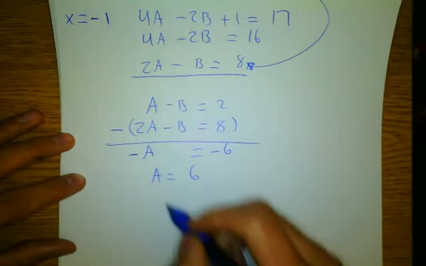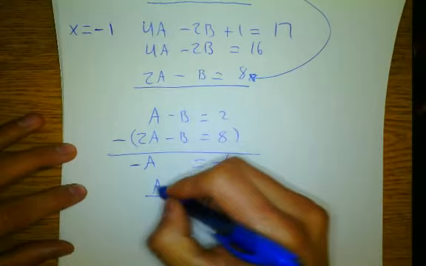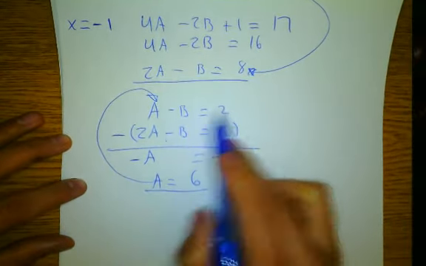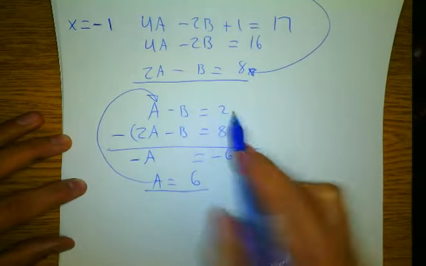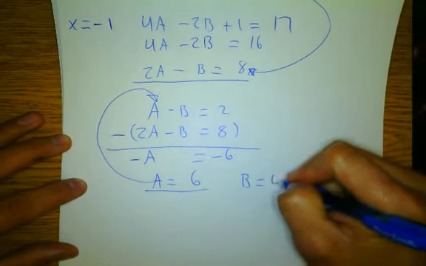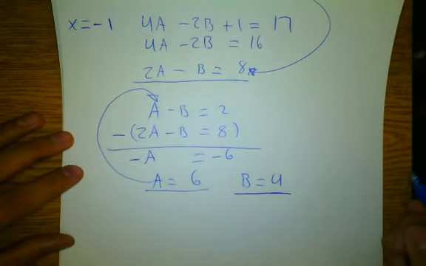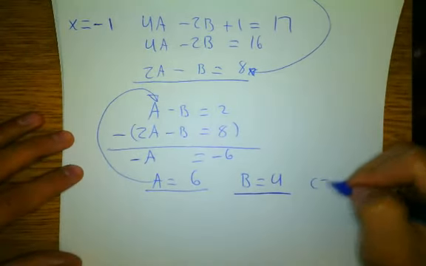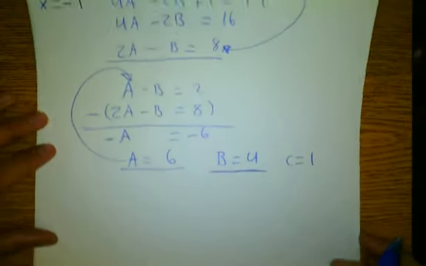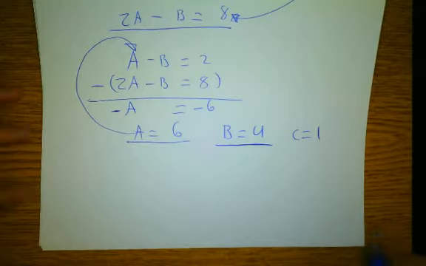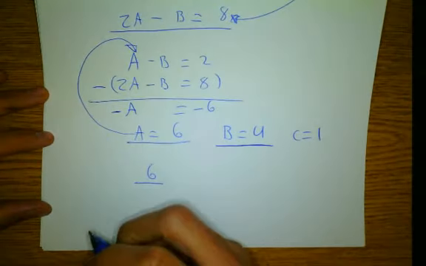And just so that we don't forget, what was C for us? And that's all we had, right? So what is our final answer? 6 over x minus 1, plus 4 over x minus 1 squared, plus 1 over x minus 1 cubed.